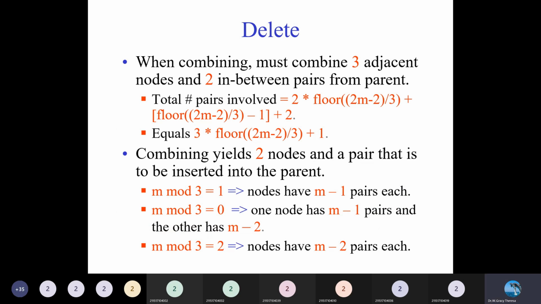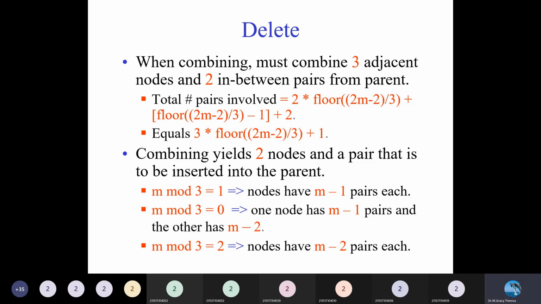So then the deletion process. When combining, we must combine three adjustment nodes and two in-between pairs from the parent. Okay. So this is our condition.